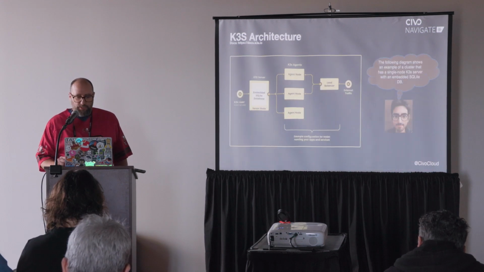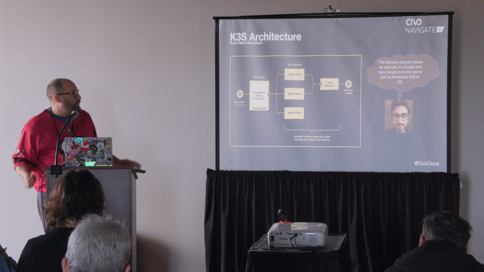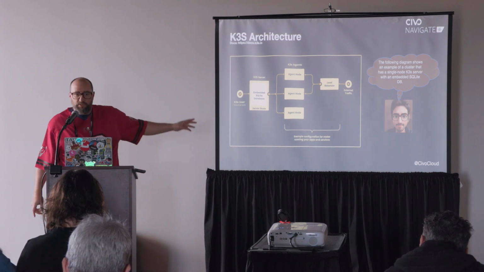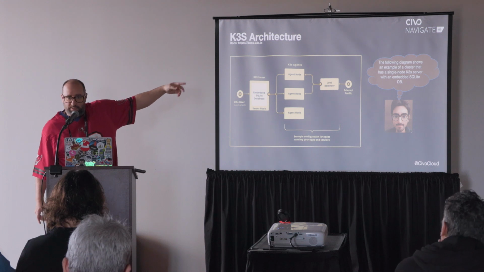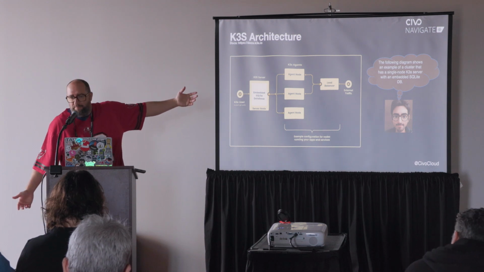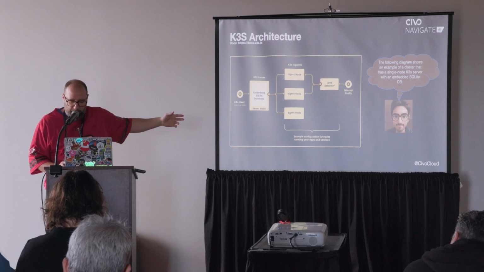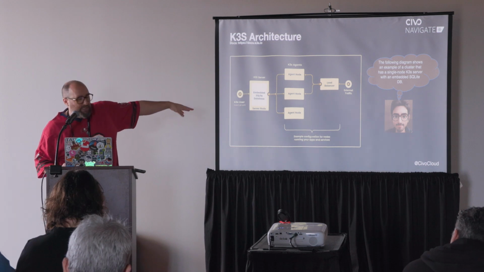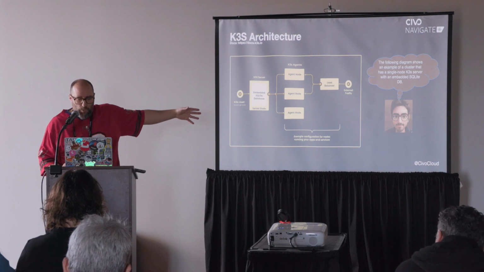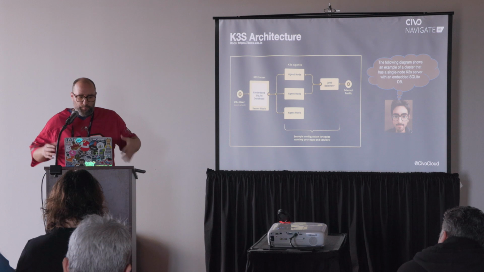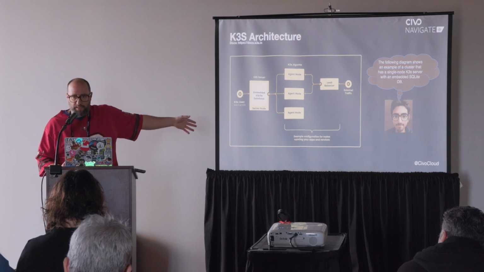So the architecture, I will speak about 2 architectures. Along the slides you will see that the docs are mentioned, not the website, because I'm a tech writer, and the docs are better than the home page anyway. So here it's a single server approach, with a single control plane and the database embedded, which will be SQLite by default.